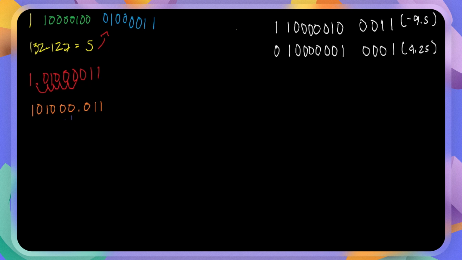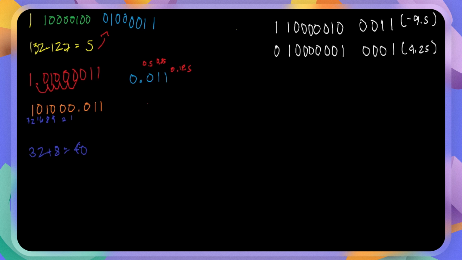And then we can get to converting that. That's going to be 1, 2, 4, 8, 16, 32. These are zeros, so just ignore them. 32 plus 8 is 40. And then we can convert this part here. So 0.011. This is going to be 0.5, 0.25, and 0.125.